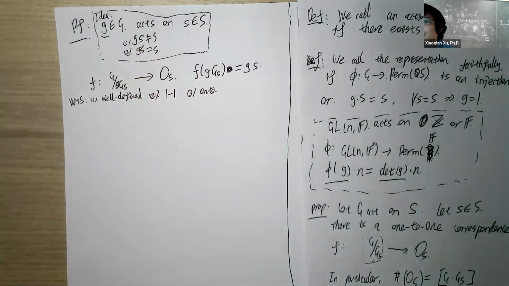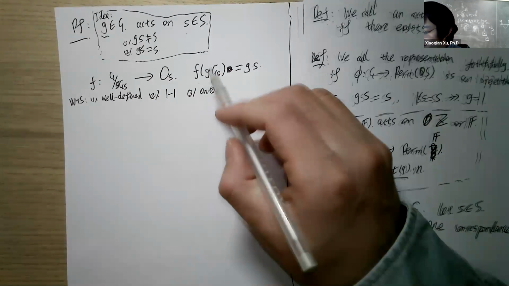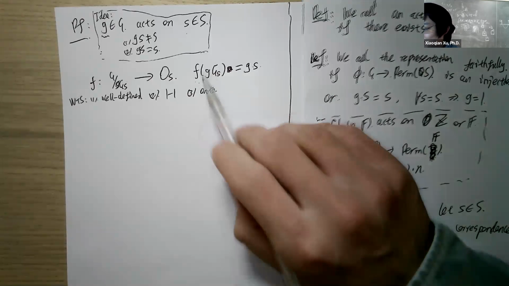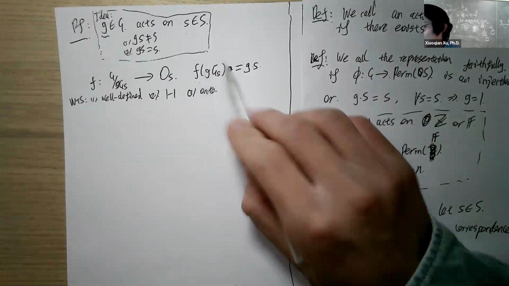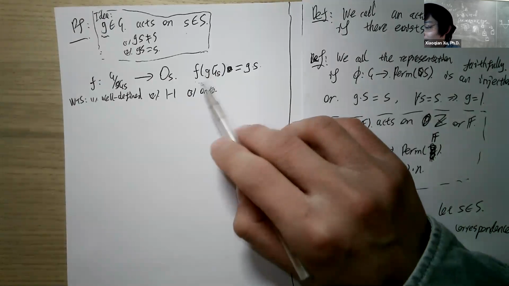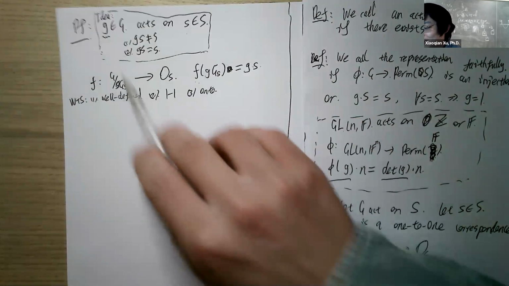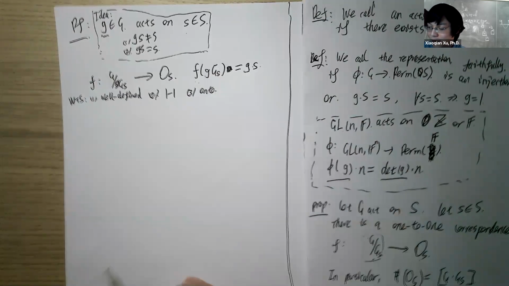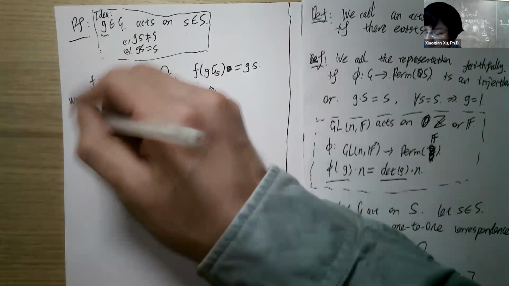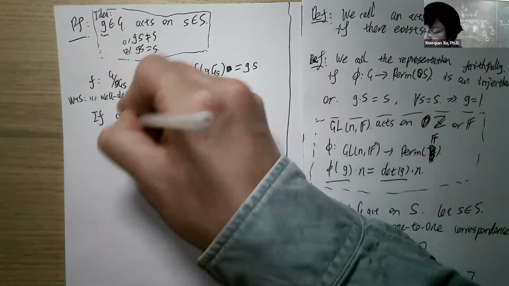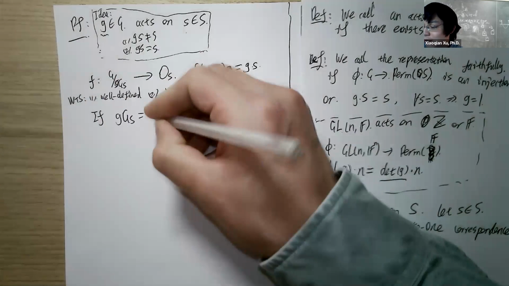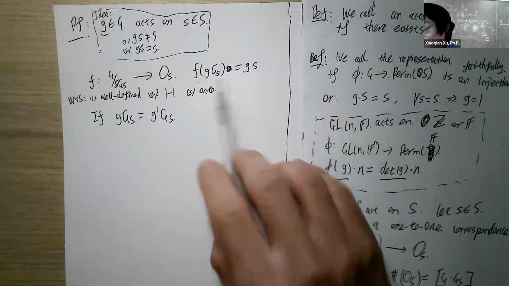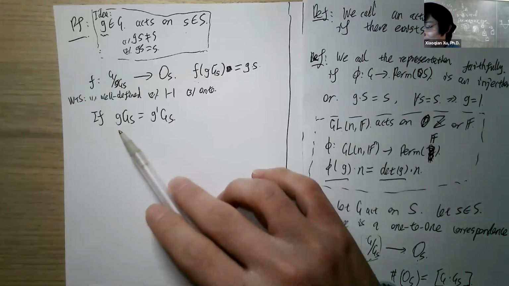So first, let's try to say this is a well-defined map, which means for different representatives of this coset, you should get the same output. If g G_S equals g' G_S, we want to say the F of this element equals the F of this element.